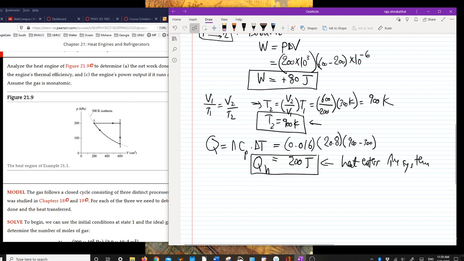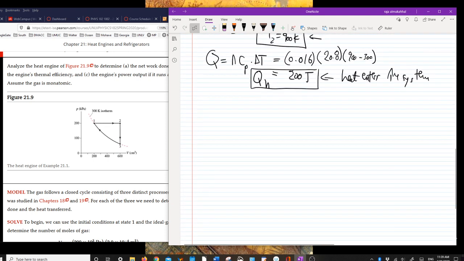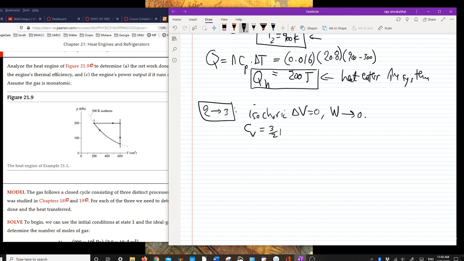Now we have the process from 2 to 3. So here we have isochoric, which means delta V equals 0, and that tells me that the work is 0 as well. There's no work there. Remember, for constant volume, C sub V is equal to 3 halves R, and that would be equal to 12.5, whatever the units are.